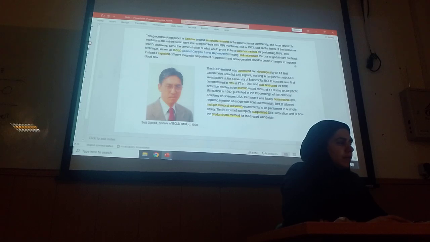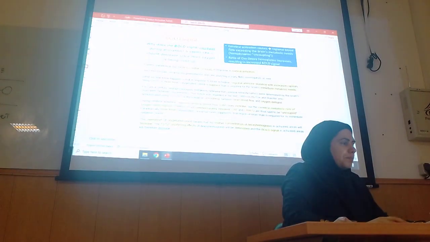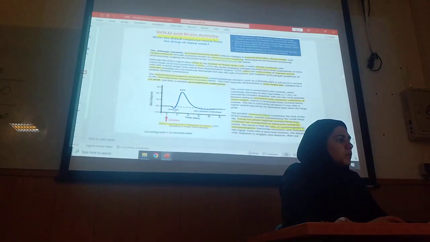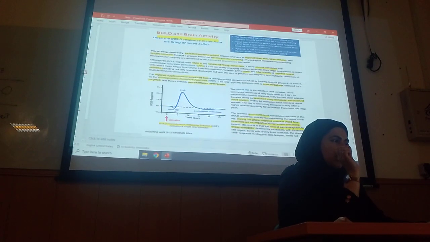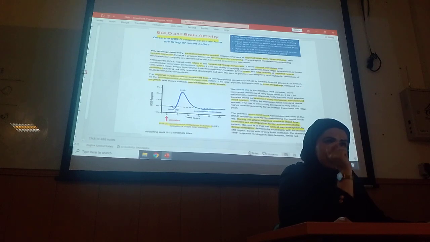You can see what happens in this curve. This curve is drawn by a short stimulation, for example, a visual stimulation at a very short time.